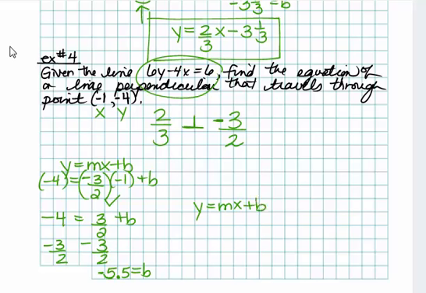You've got your equation. We're going to substitute in the slope we wanted, negative 3/2, and the b was negative 5.5. So this is the way to do it algebraically, and you can easily compare it then to graphically.